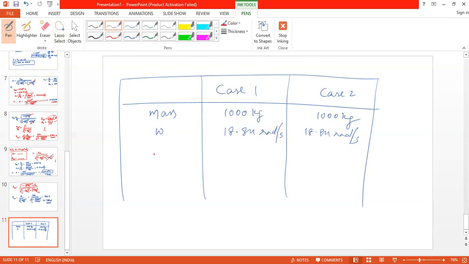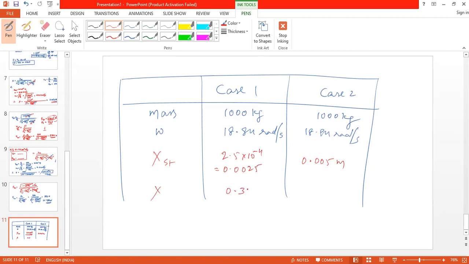So the static deformation is different. That is 2.5 into 10 power minus 4, or 0.0025 meter, and here it is 0.005 meter.